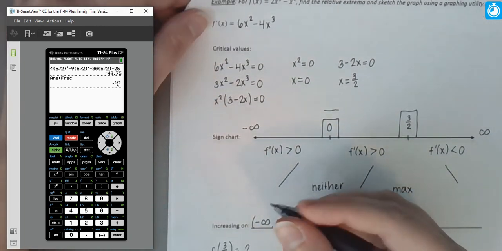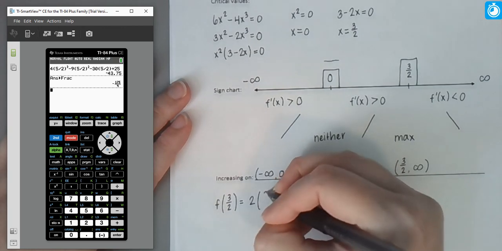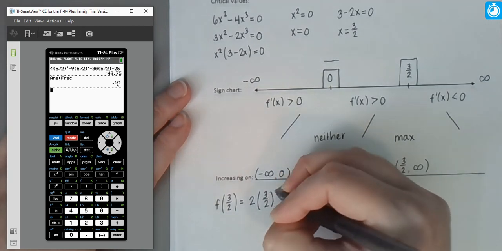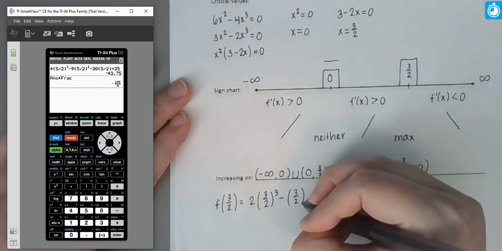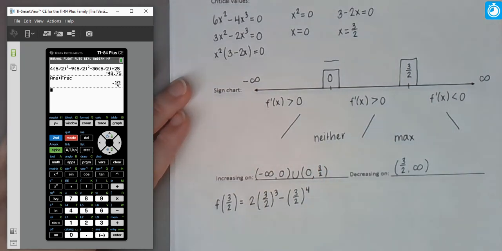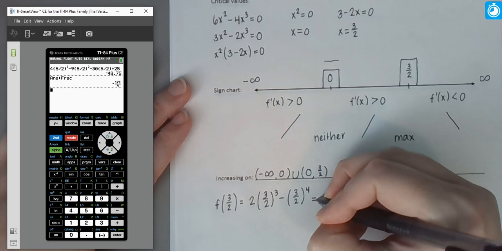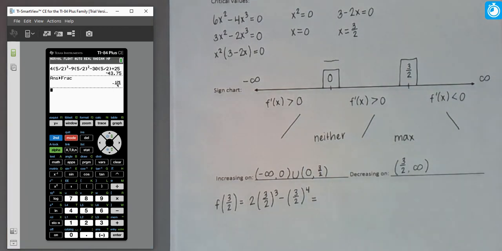So that's going to be 2 times 3/2 cubed minus 3/2 to the 4th power. And as we saw with the last example, plugging in and trying to get an output for a fractional input may lead us to a decimal in our table.